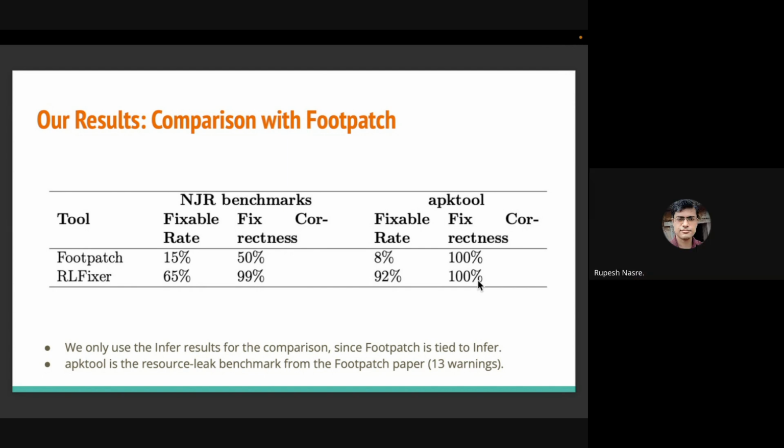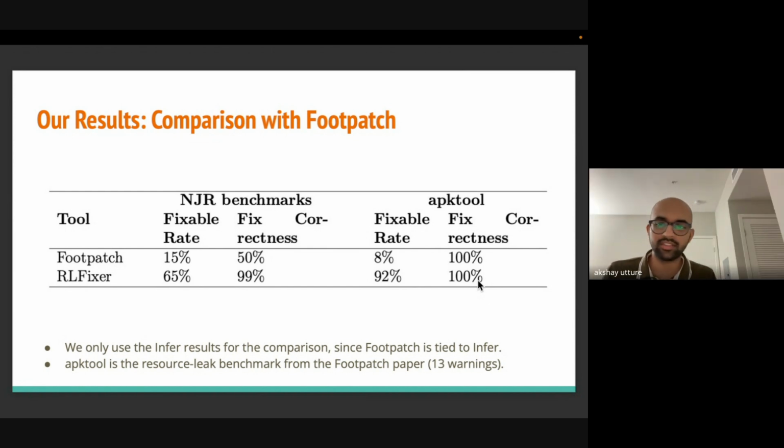So Akshay, can you comment on this NJR versus APK? Why is there a large fixable rate difference? So the thing is, ApkTool is just okay. RLFixer is actually a semi-specialized tool. It works on Java and C, and it works on resource leaks, memory leaks, and null pointer errors.